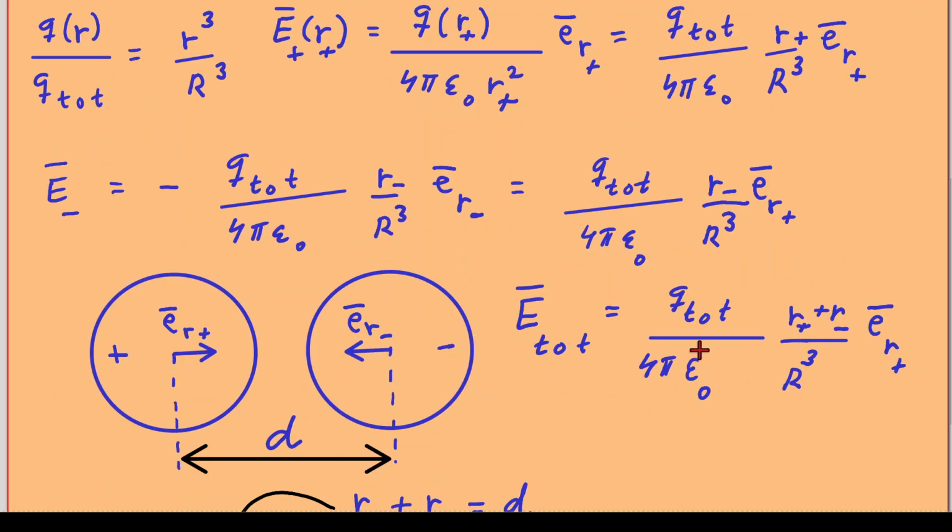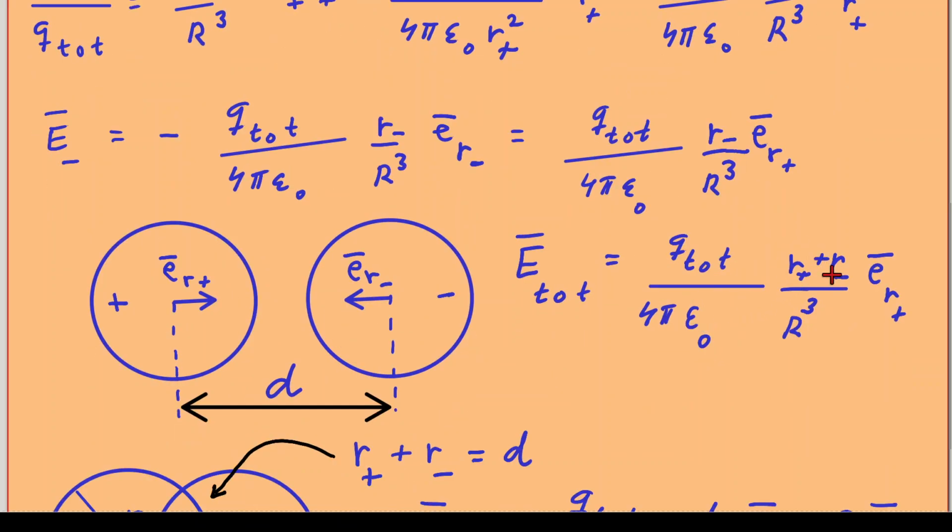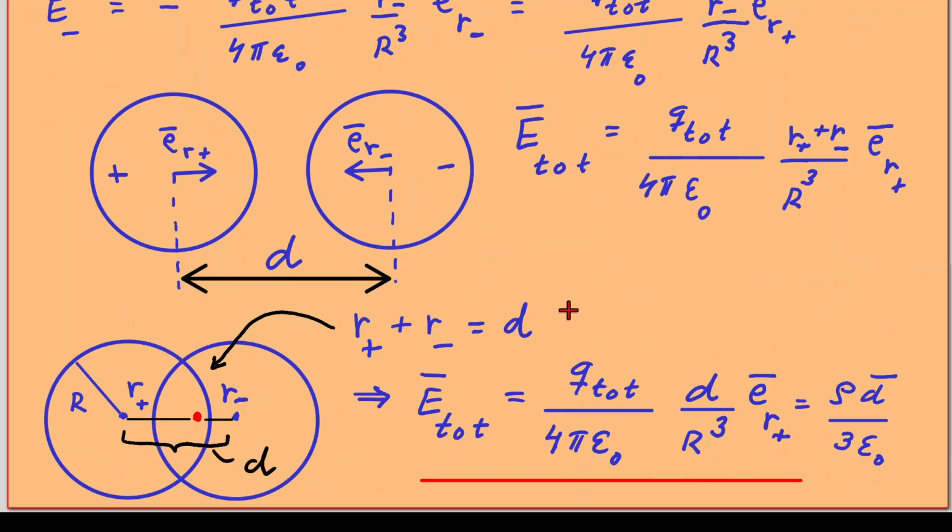Okay, so what is r plus plus r minus really? So let's look at the overlapping sphere here. We were given that the distance between the centers is d. And here, let's consider one point here where we would like to know the electric field. So then there is a certain distance r plus to that point.